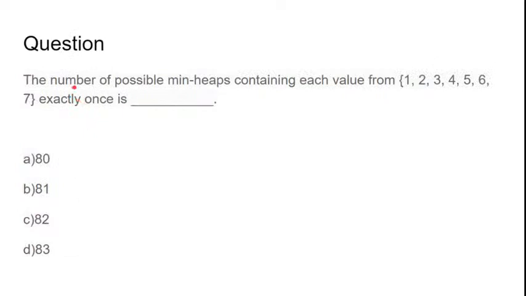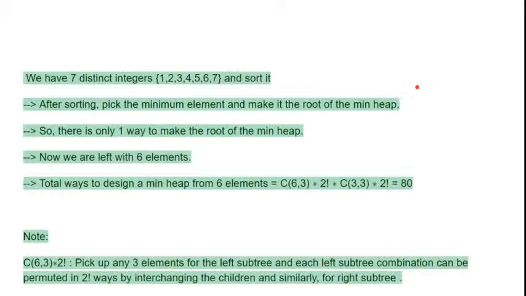The next question: the number of possible min heaps containing each value from 1 to 7 exactly once is... so that is 80. Here we have 7 distinct integers and sort them.